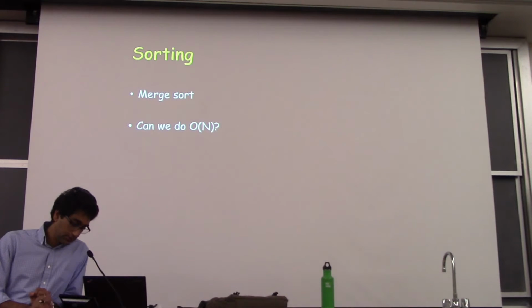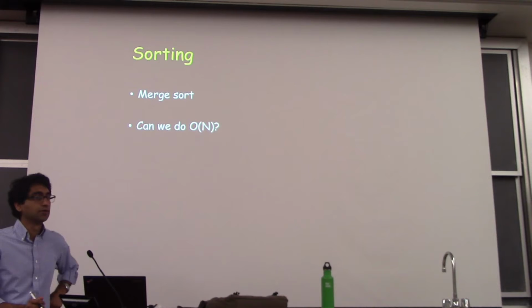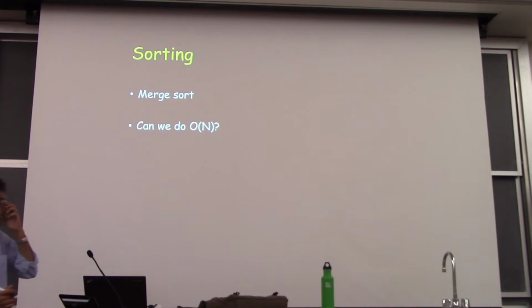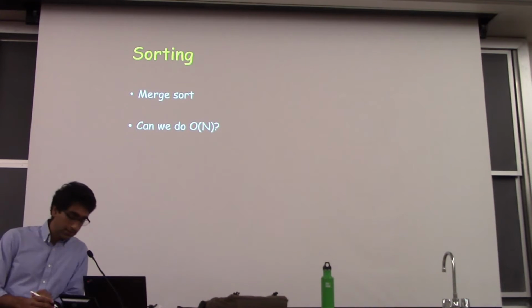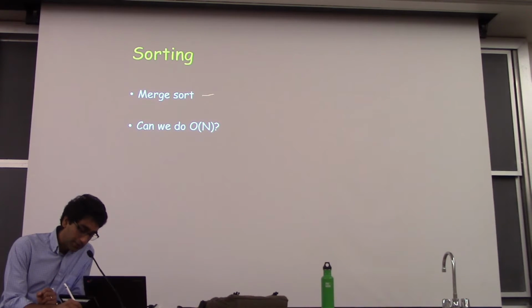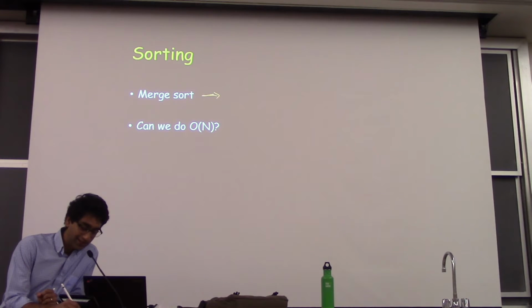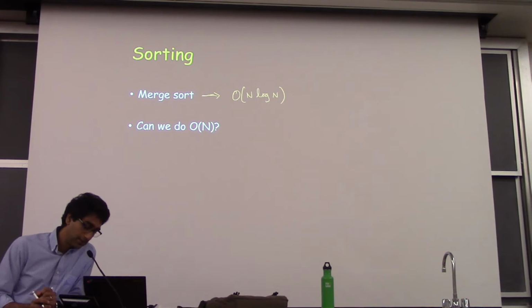All right, so let's start with this sorting question. Let's say you have n numbers and you want to sort them. One thing we saw was merge sort. So what was the running time here? Merge sort took n log n time. Note that we could ask, can we do O of n?